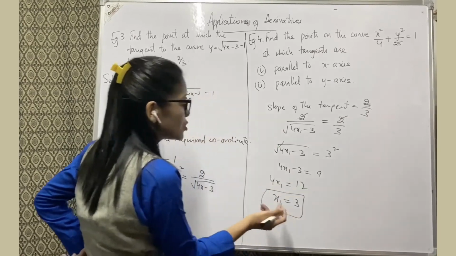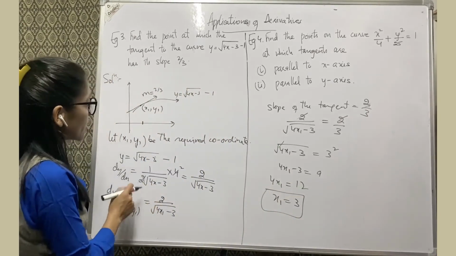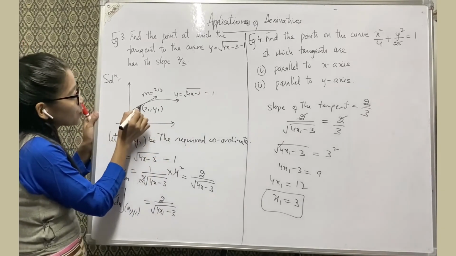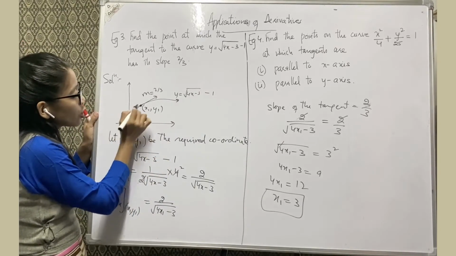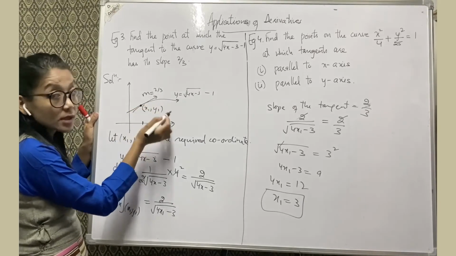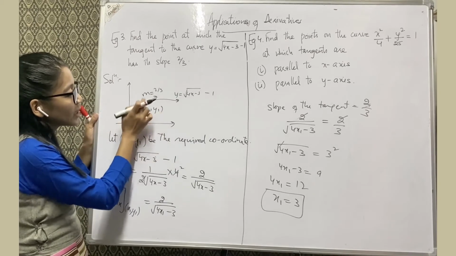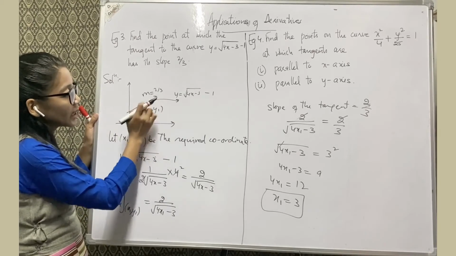Now we need to find the value of y1. This point is on the tangent as well as on the curve, so you can put the point either on the line or on the curve.